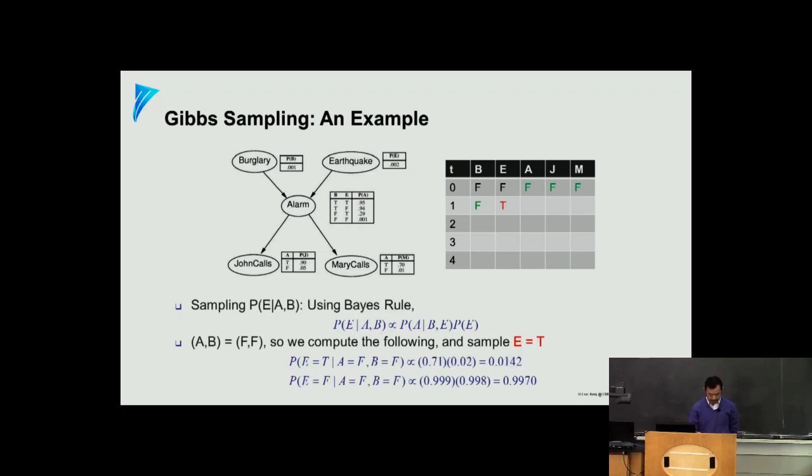Then, conditioning on its Markov random field, for B the Markov random field is A and E, therefore it's only here. Then you can plug in the A and the E into here, compute the proposal and draw a sample accordingly.